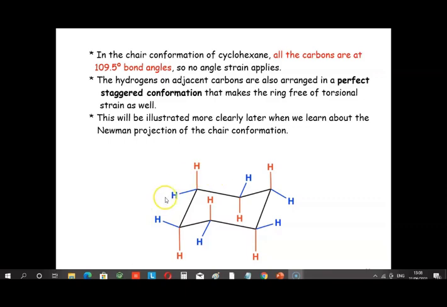When they are in staggered orientation, they are at maximum distance apart from each other, and in staggered conformation the torsional strain is minimum. This will be illustrated more clearly when we learn about the Newman projection of the chair conformation of cyclohexane.